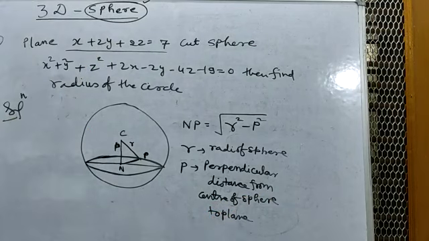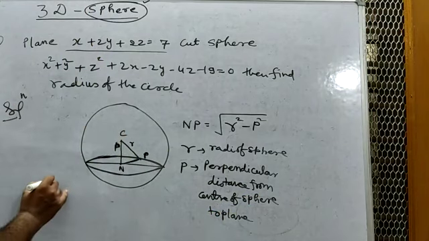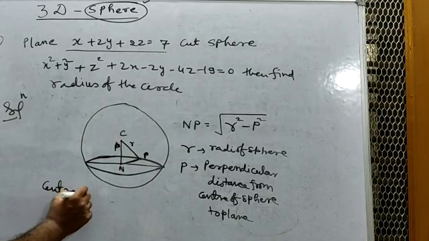So now we have to find the two values, R and P. Before this we will discuss the center of the sphere.